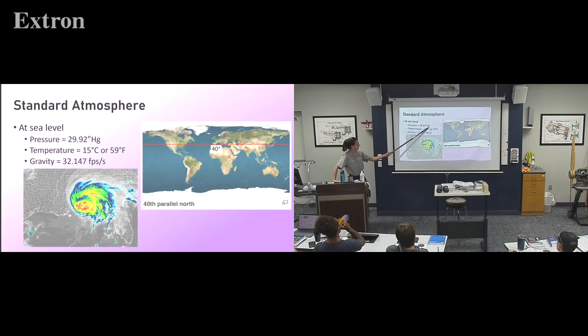Hg is a symbol for mercury. And standard temperature is either 15 degrees Celsius, or if you use Fahrenheit, 59 degrees Fahrenheit. And gravity is 32.147 feet per second per second.